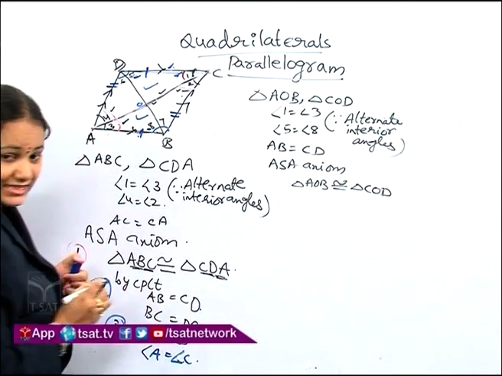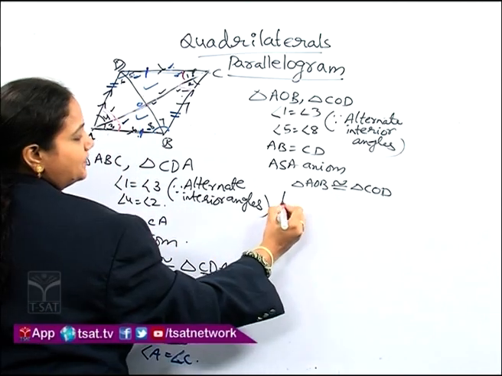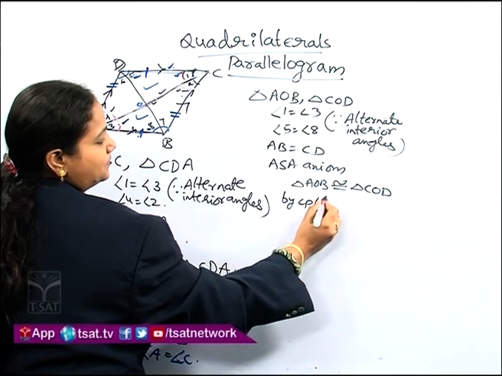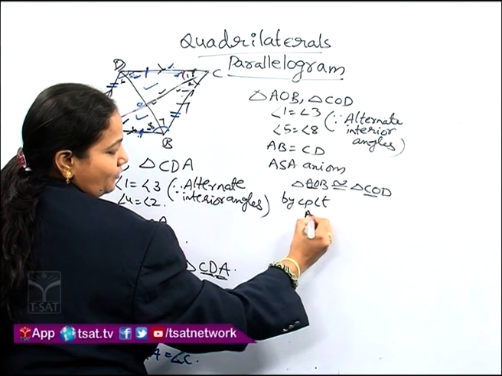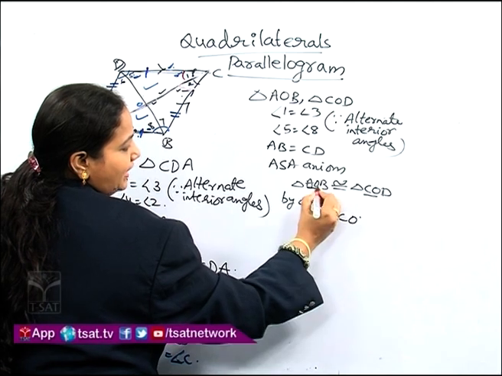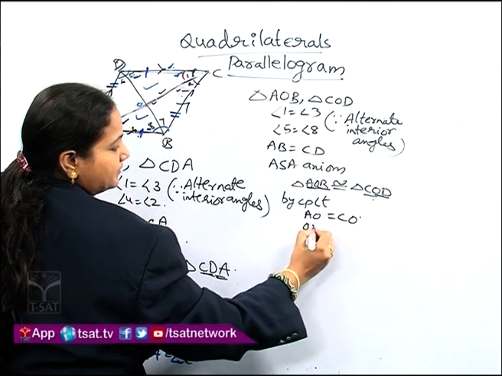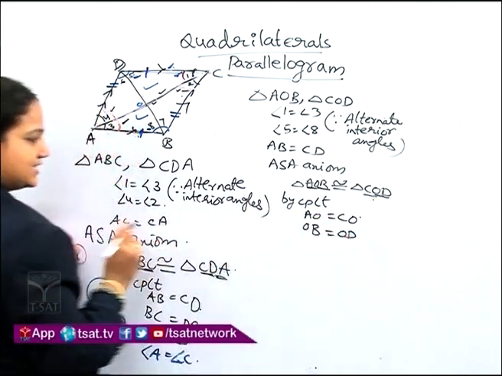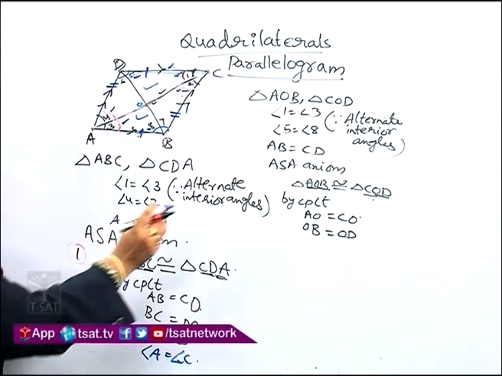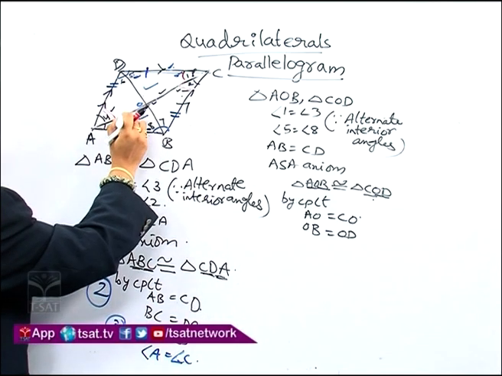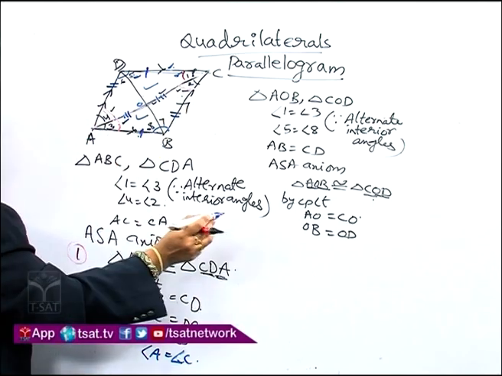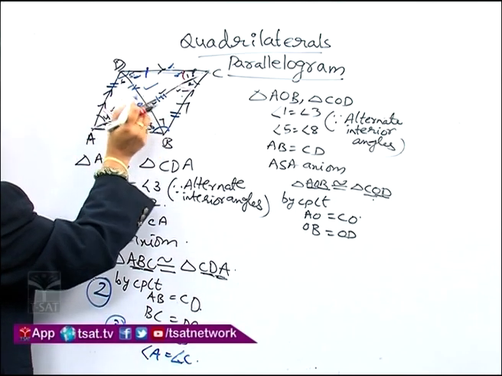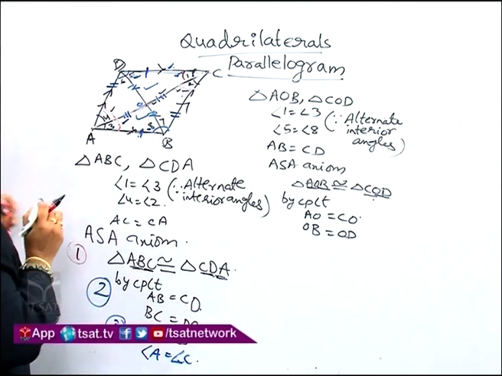When two triangles are congruent, by corresponding parts of congruent triangles we can write AO is equal to CO and OB is equal to OD. We will identify that in the figure: this AO is equal to CO, and OB is equal to OD.